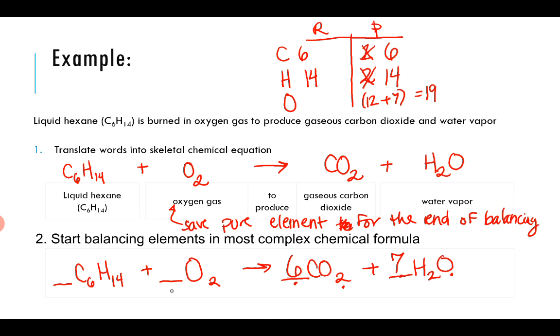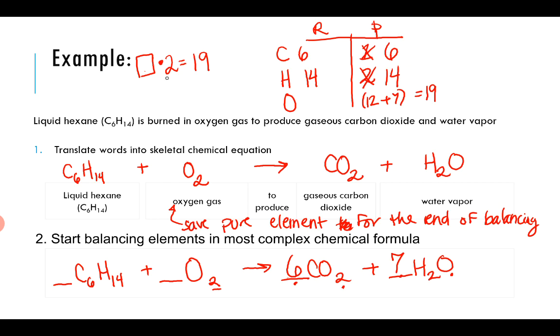On my reactant side, I have 2. And so I have to figure out what I can multiply by 2 in order to end up with 19.